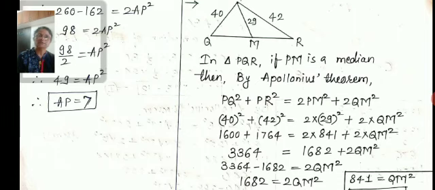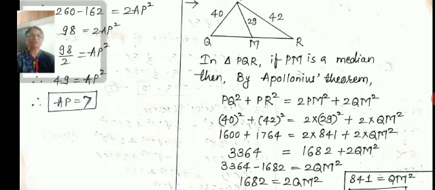So we can use the Apollonius theorem like this: 40 square plus 42 square, the given values, equals 2 into 29 square plus 2 into QM square. 40 square is 1600 plus 1764.